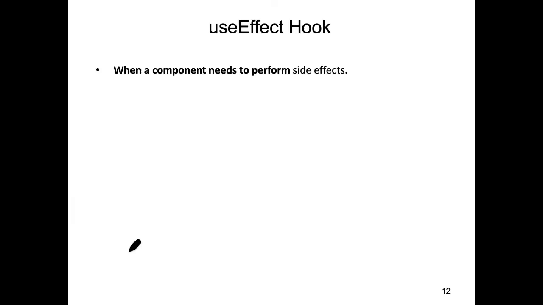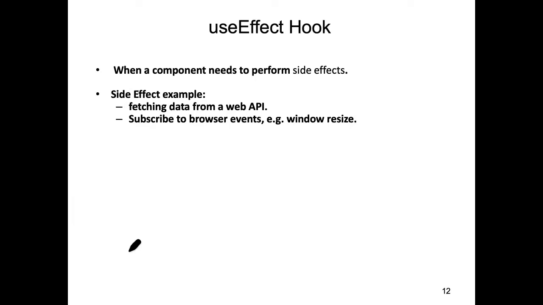In the context of React apps, there's one very obvious example of a side effect, and that is if a React component wants to retrieve data from a web API, it's clearly reaching outside of its own scope in order to get that data.